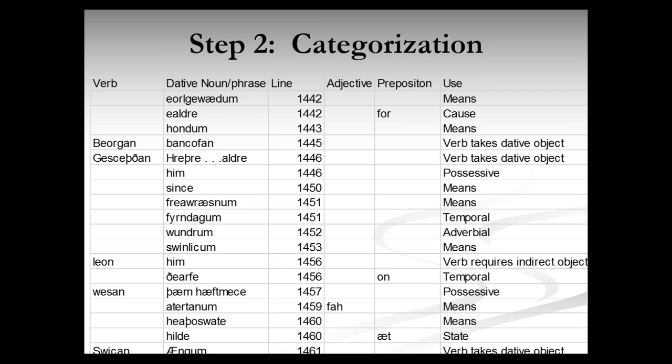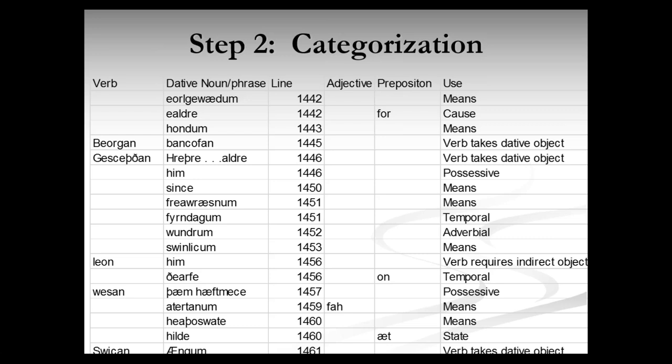You can see I had columns for including if there was a verb or an adjective that seemed to be significant in why this particular noun was in the dative case, and for including prepositions. And then I had a column for the categories, for the uses that these datives were fulfilling.